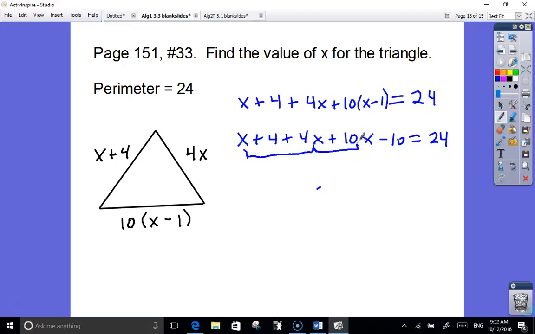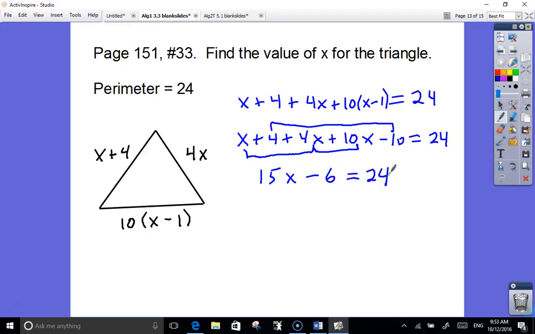So what's the total number of x's? 15x. Okay, now what are the constant terms on the left side? Remember, constant means no variable. 4 minus 10, which is minus 6. Okay, and all of that equals 24.